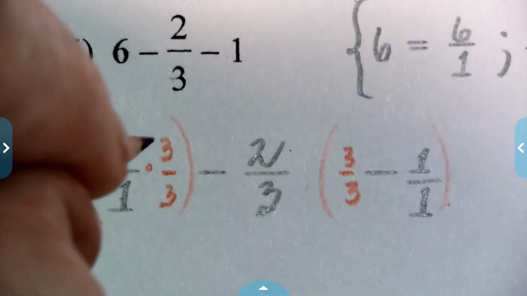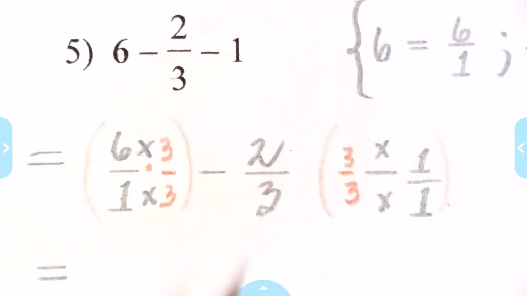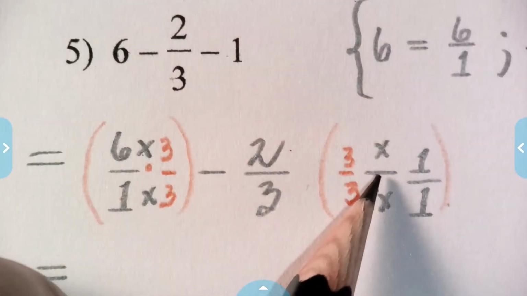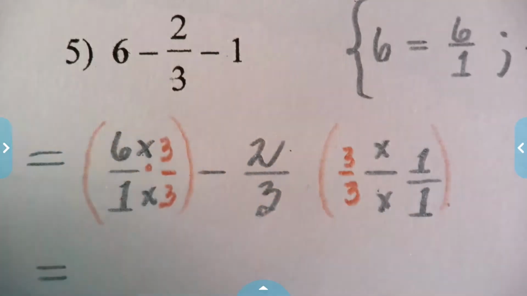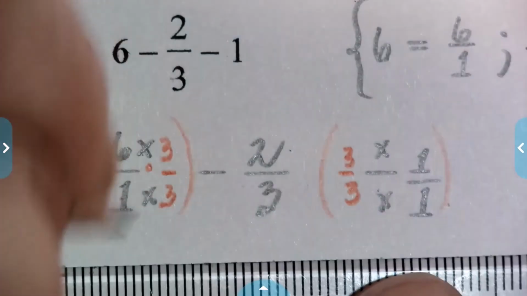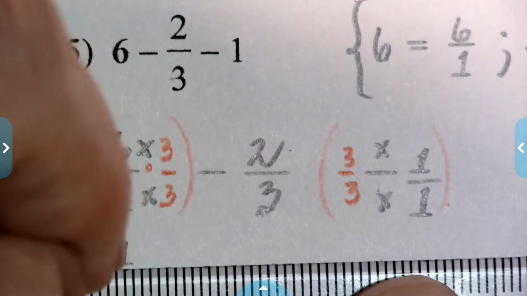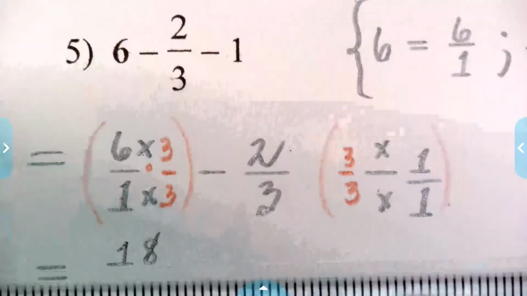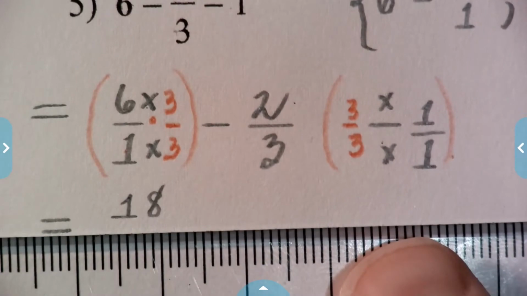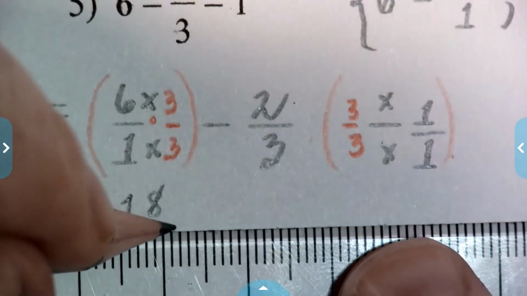Now I'm going to multiply across the top and across the bottom for both of these. And just keep in mind that the symbol right there that looks like a fraction bar is a minus sign. It's a negative symbol. Anyway, 6 times 3 is 18 over 1 times 3, which is 3.